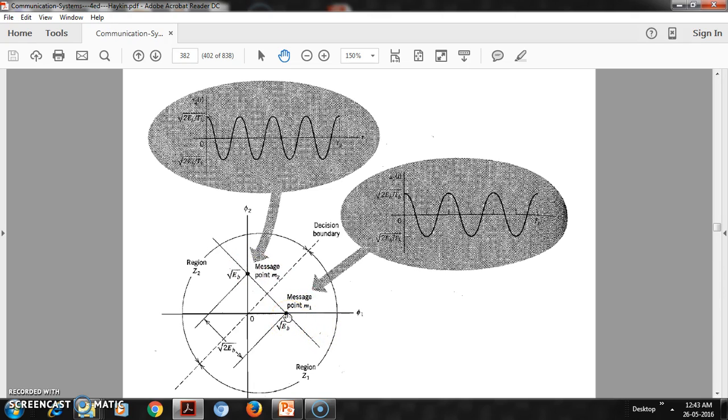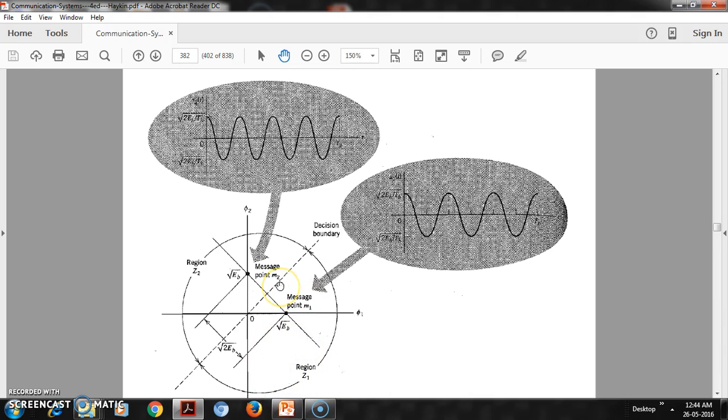What we are going to do is map that quantity, whether x1 is greater than x2, or the difference between x1 and x2, into a particular variable L, where L is equal to x1 minus x2. So if x1 is greater than x2, L will be positive, and L will lie in region Z1.